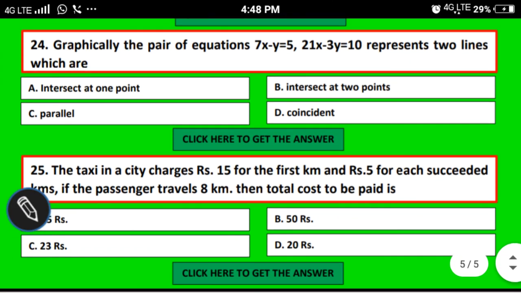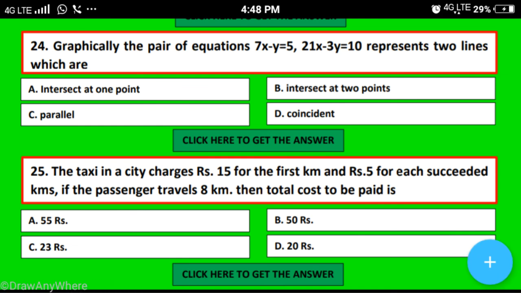Then 25th question: the taxi in the city charges rupees 15 for the first kilometer and rupees 5 for each succeeding kilometer. If a passenger travels 8 kilometers, the total cost paid is.